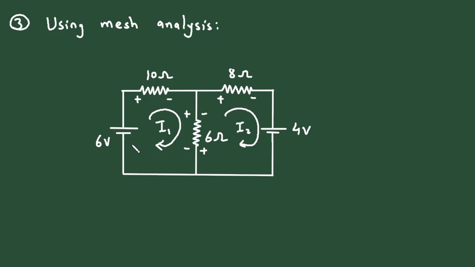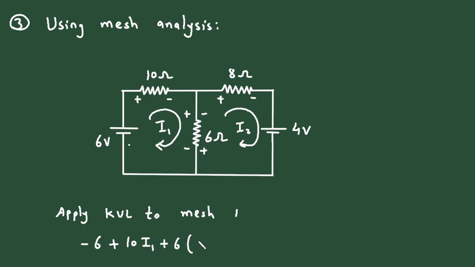Now here, let's start from here. Let's apply KVL to mesh number 1. We will start from this point. So it will be minus 6, and this will be plus 10 I1, then plus 6 times I1 minus I2 is equal to 0.